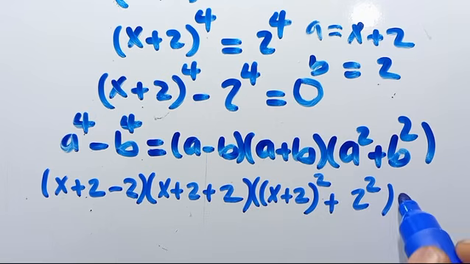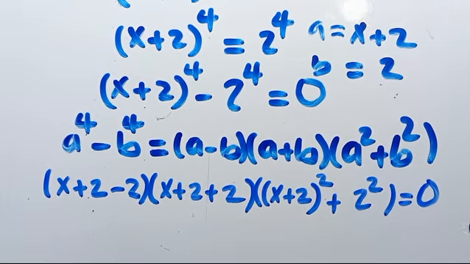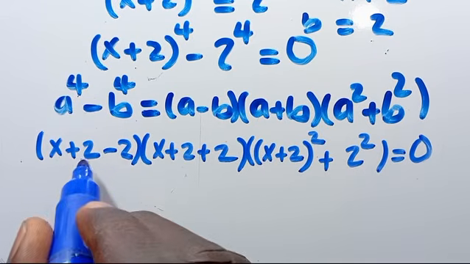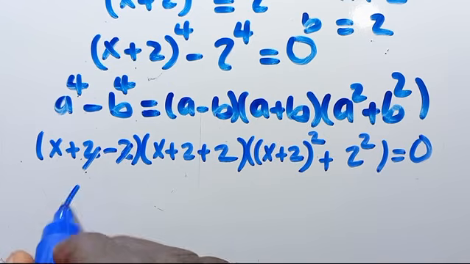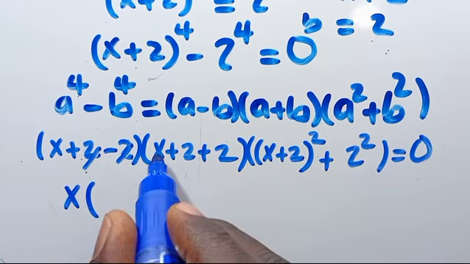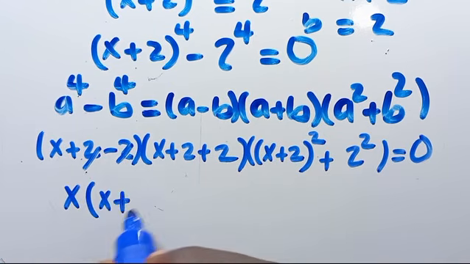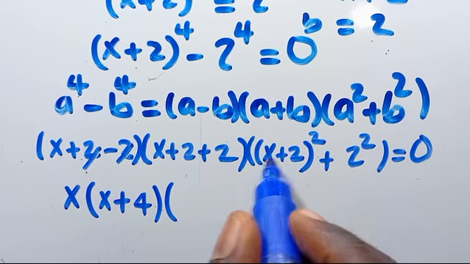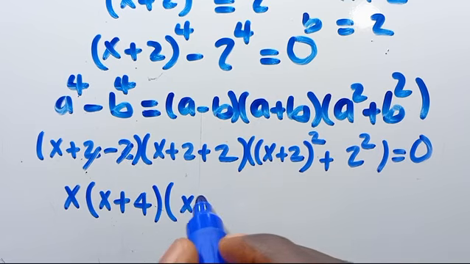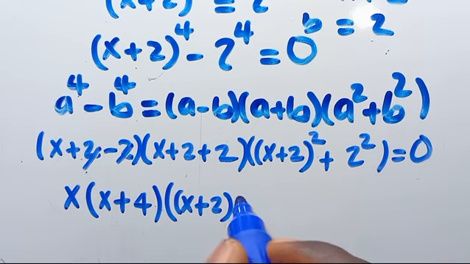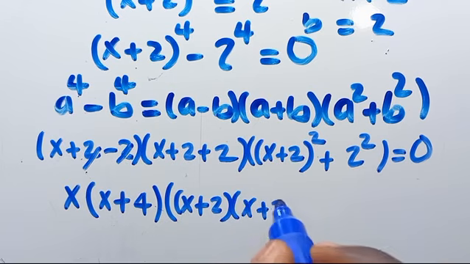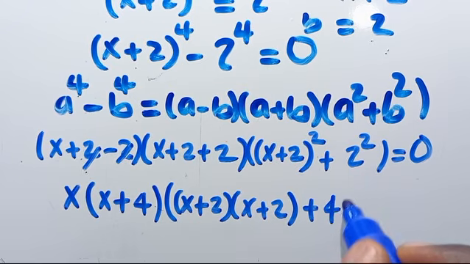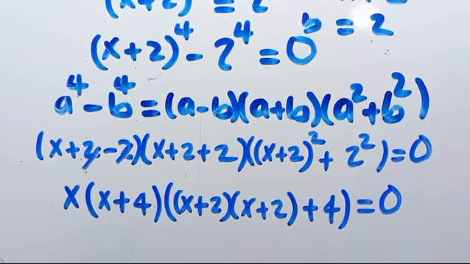Mind you that we have this side equal to 0. So we cancel out the 2s, we have x, then x plus 2 plus 2 will give us x plus 4. Then the expansion of this will be x plus 2 multiplied by x plus 2, then plus 4, equals 0.